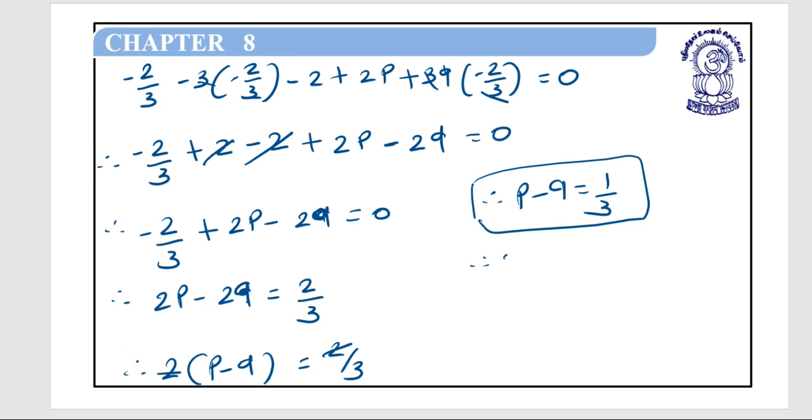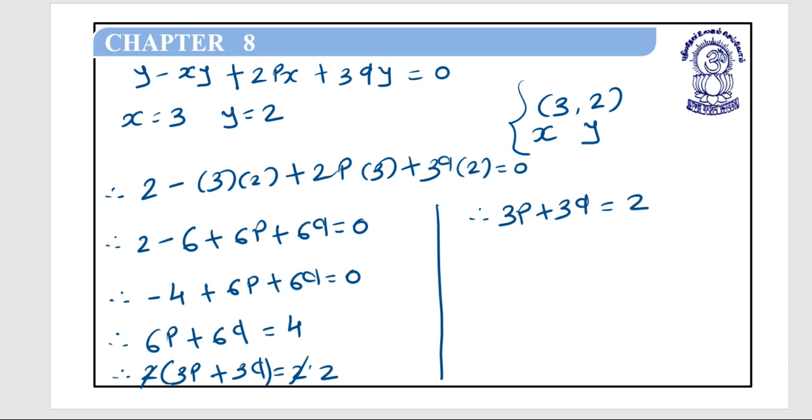Here you can also write 3p minus 3q is equal to 1. So 3p minus 3q is equal to 1.